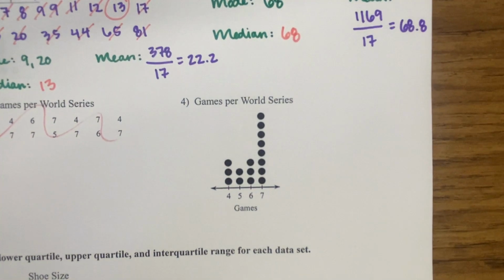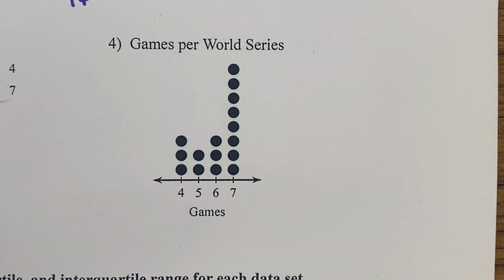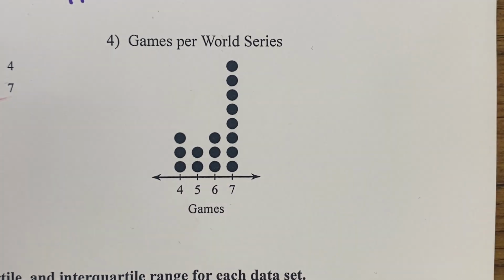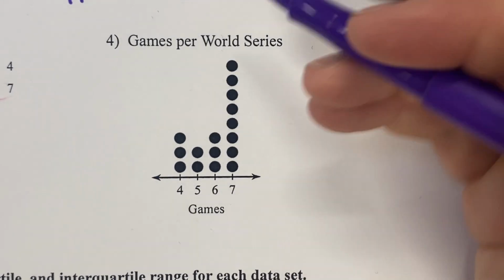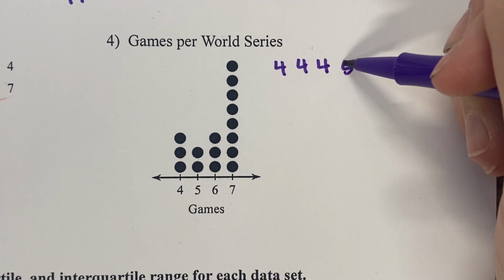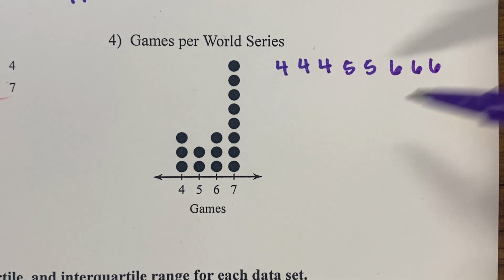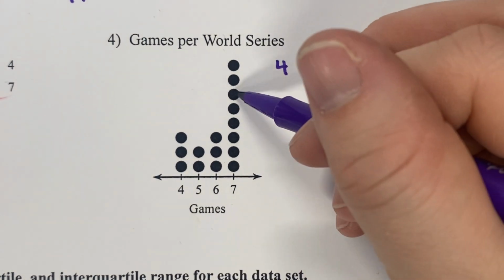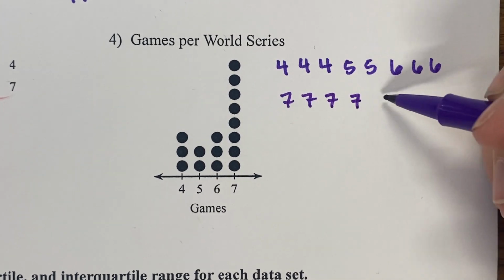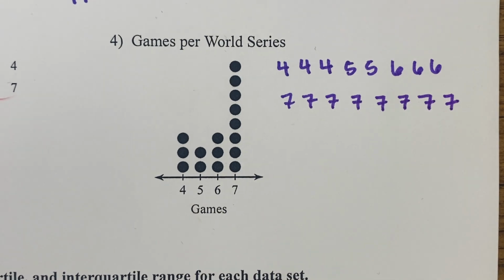Okay, so now we have games per World Series. Okay, so this one's kind of nice. It's a dot plot. So I'm going to go ahead and list these guys in numerical order. Okay, so I have 3 4s, 2 5s, 3 6s, and 8 7s.